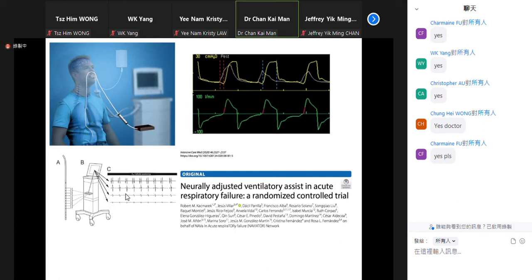So just to illustrate, in the right upper picture, the white curve is the diaphragmatic EMG, the yellow curve is the pressure time curve, and the lower curve is the flow time curve.